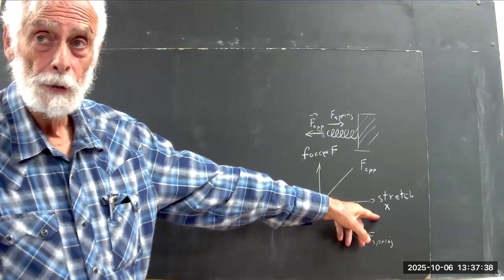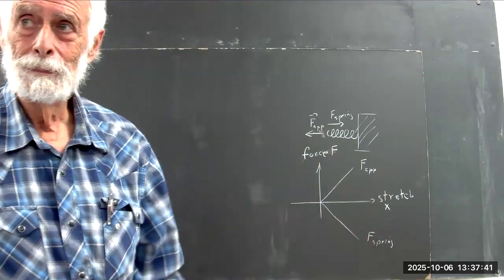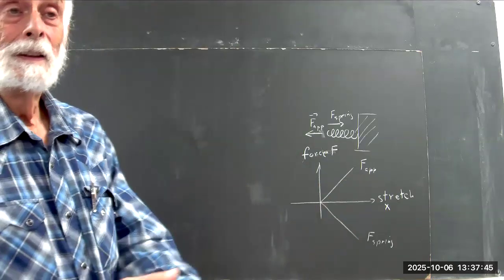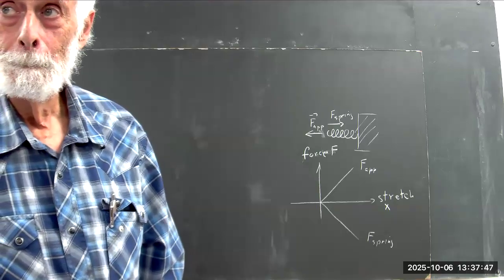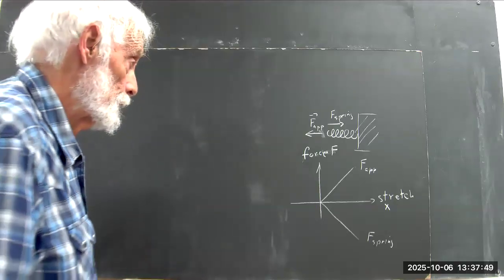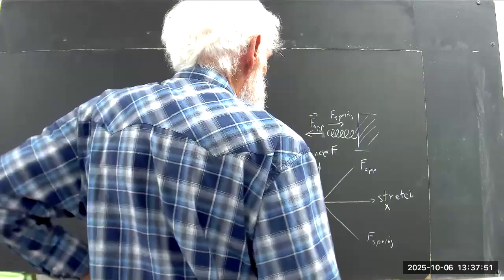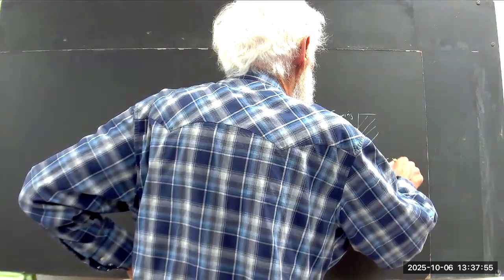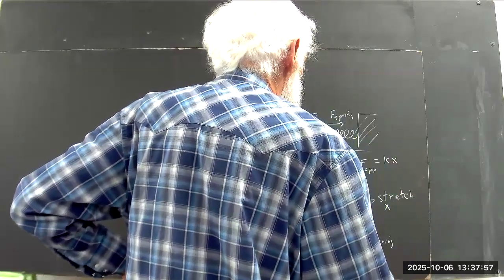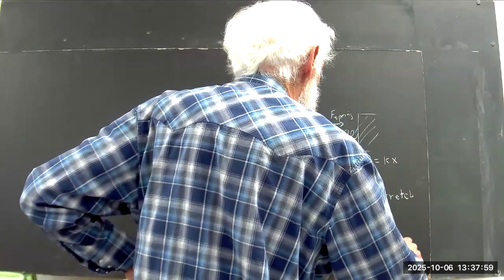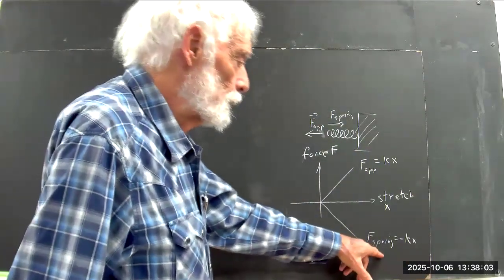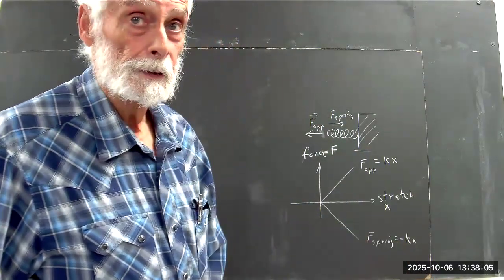And your stretch is just measured from the equilibrium position of the spring. You know, the spring's relaxed and you start pulling on it. So the force exerted by the spring is negative kx.